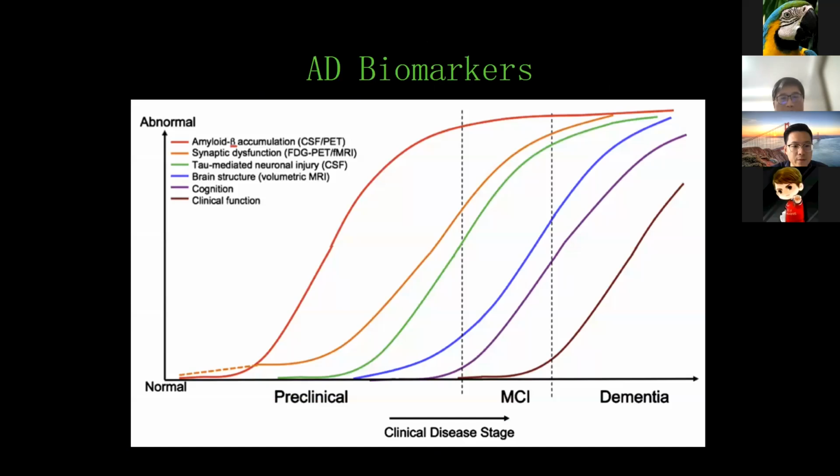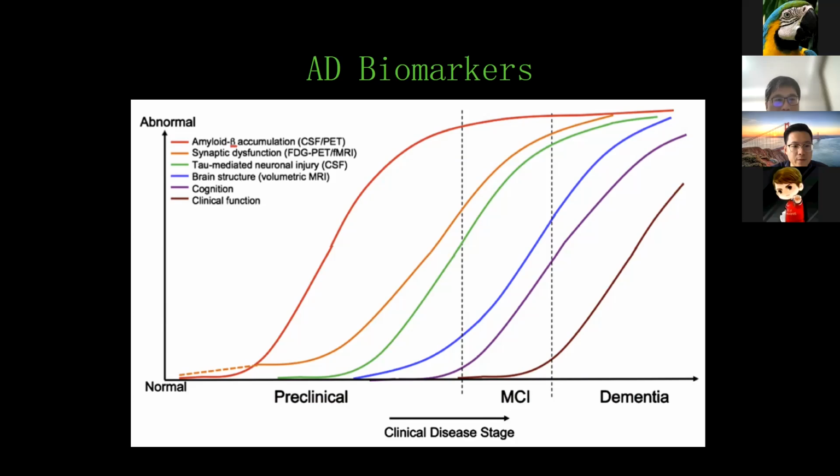This figure shows different biomarkers to diagnose AD. For example, we have some imaging-based biomarkers, such as PET and functional MR, and also some cognitive and clinical functions. In this figure, from left to right are different stages: from normal preclinical, mild cognitive impairment, and finally dementia.